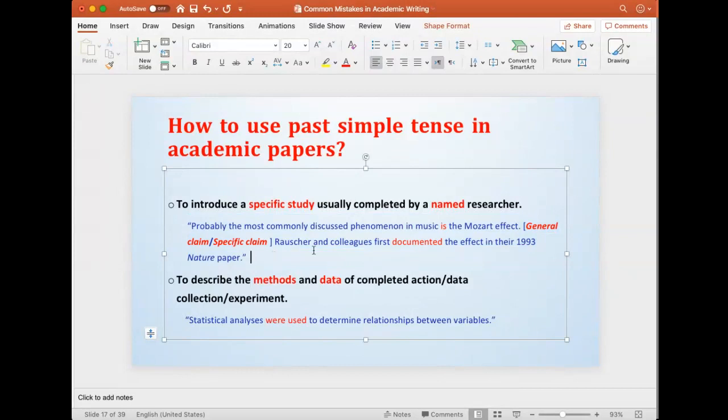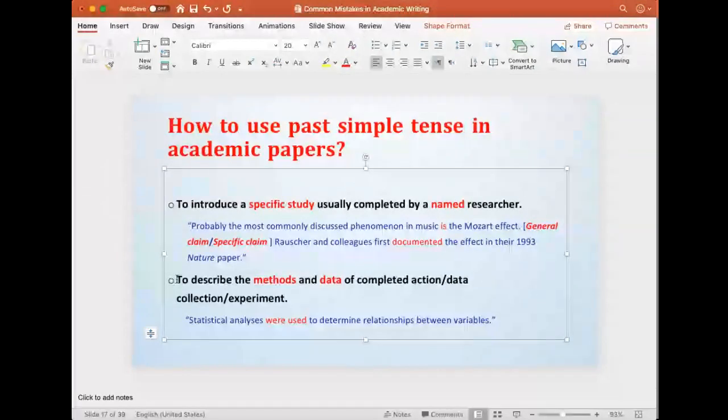Okay, so here I used the past simple to report a finding that was published in 1993. But here, probably the most commonly discussed phenomenon in music is the Mozart effect. So this is a general claim, but here we have a specific claim. So look how they are both different from each other in terms of the verbs.